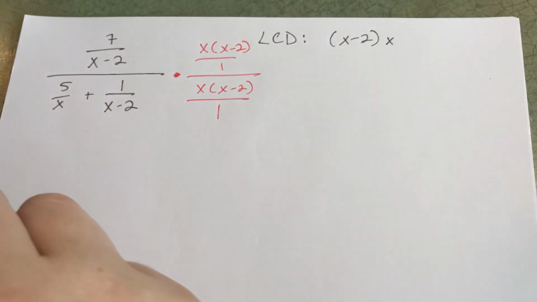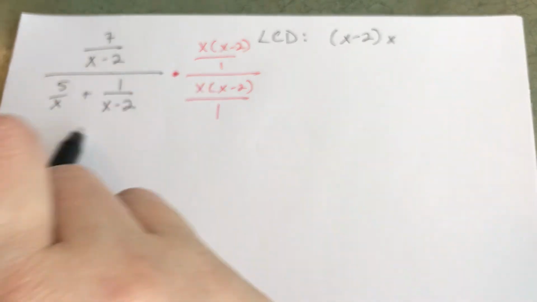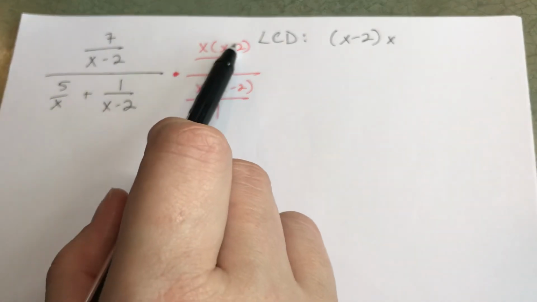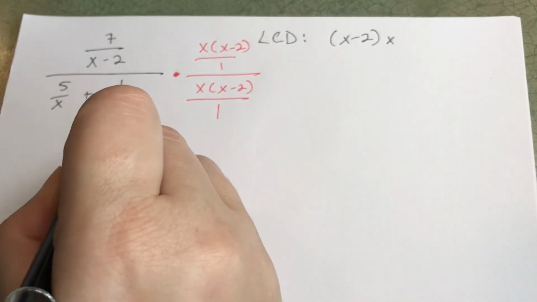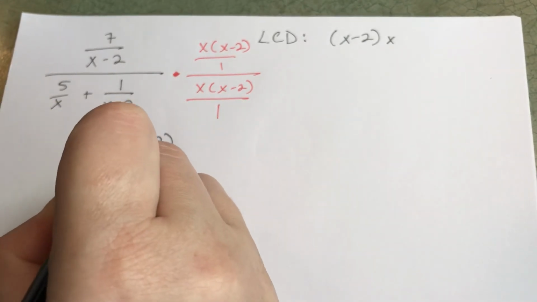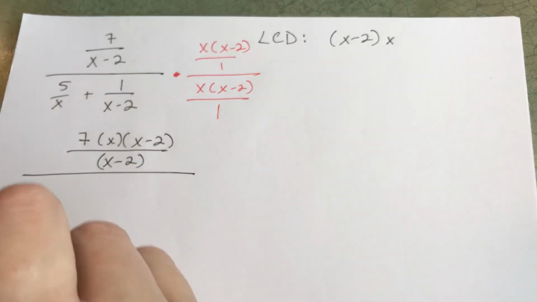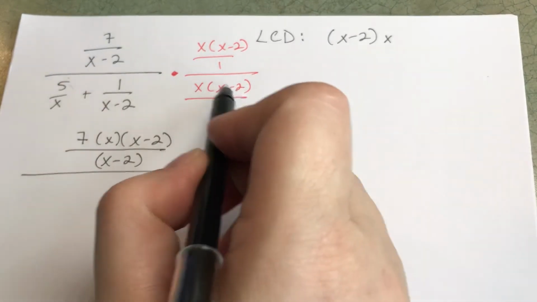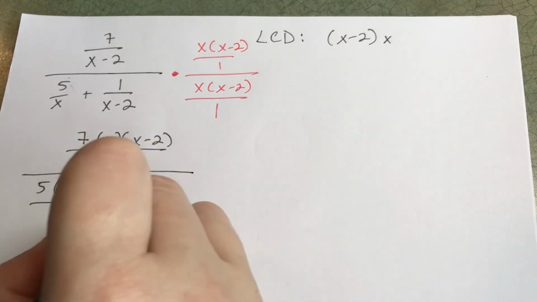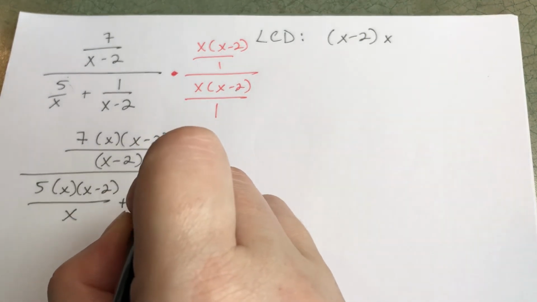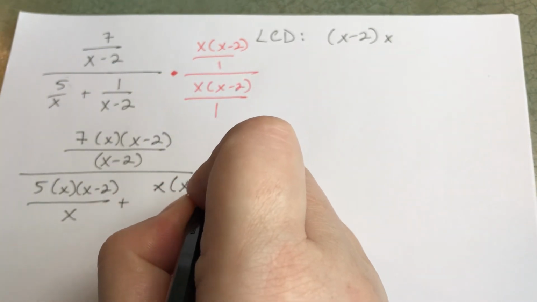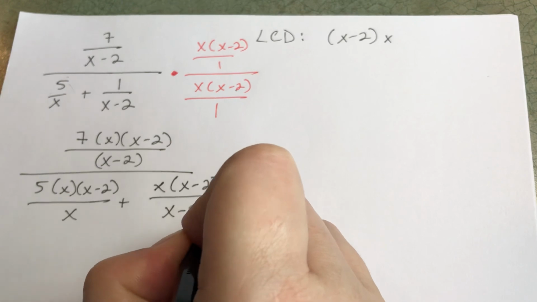Okay, so now we are going to multiply these. I'm just going to show you the whole thing. Times x minus 2 over x minus 2 divided by, I have to distribute to both of these, so 5 times x minus 2 over x plus 1 times x minus 2 over x minus 2.